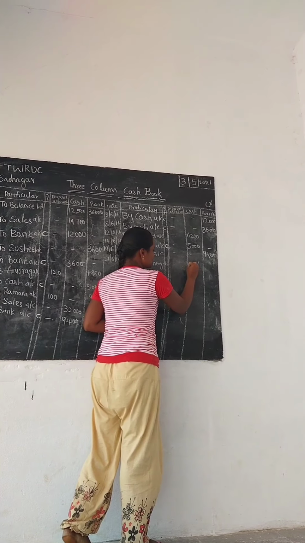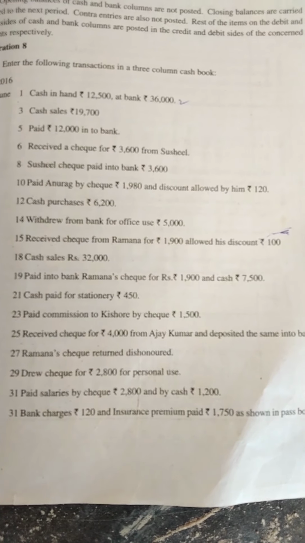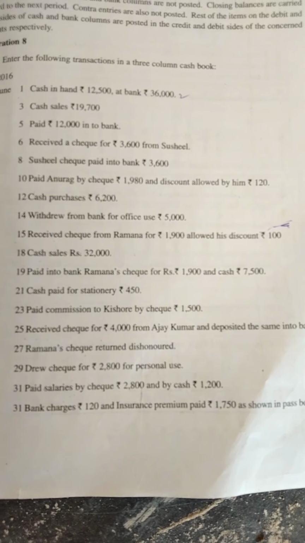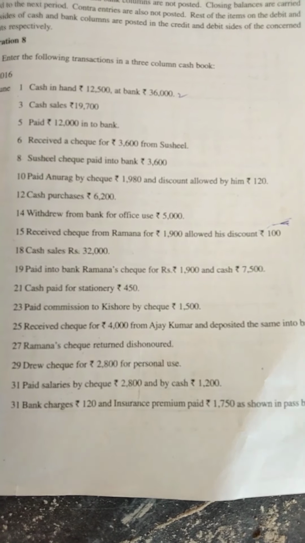On the 23rd, paid commission to Kishore by check, rupees 1,500. Here we are giving money to Kishore, so our cash is going out. We are paying commission to Kishore, so it is the credit side.